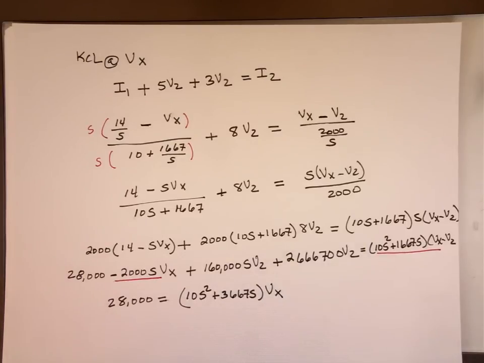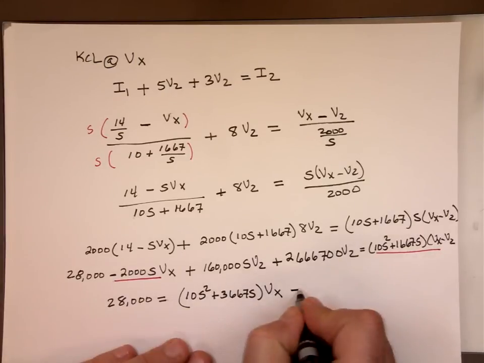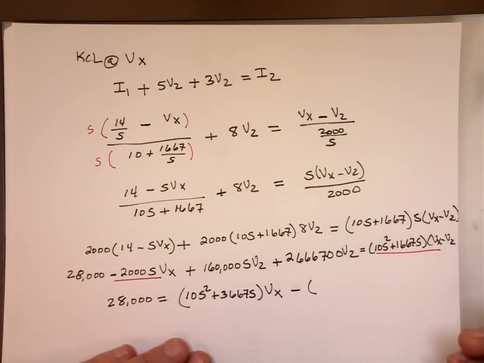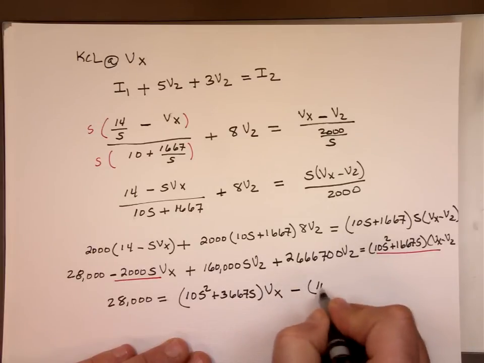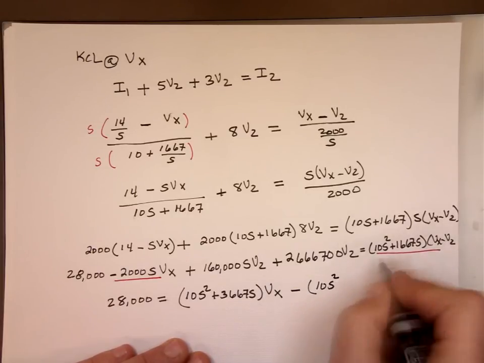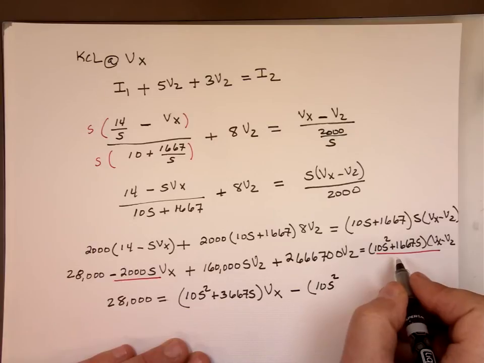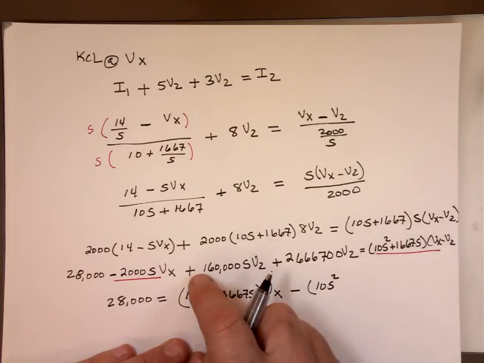Let's see the V2. Minus 10S squared. I took the minus sign out. When I bring this side to this, that becomes a minus.